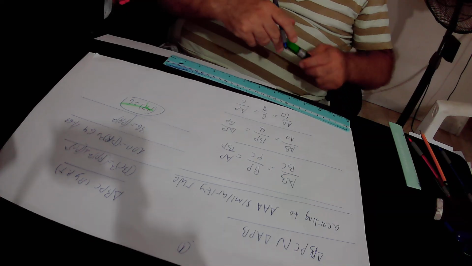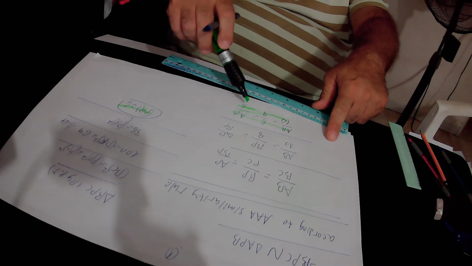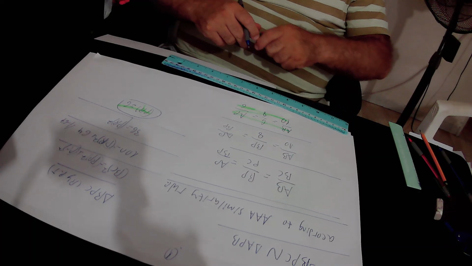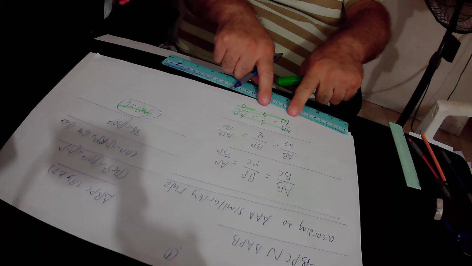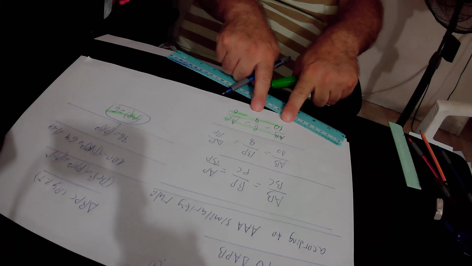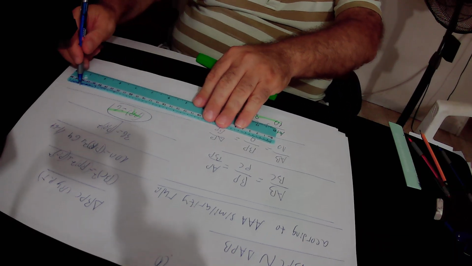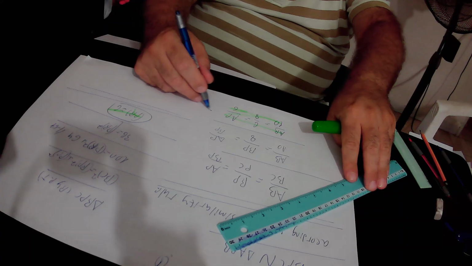So in total AB over 10 equals 6/8 equals AP over 6. Those two sides are equal to each other, so we get equation 1 from those two.